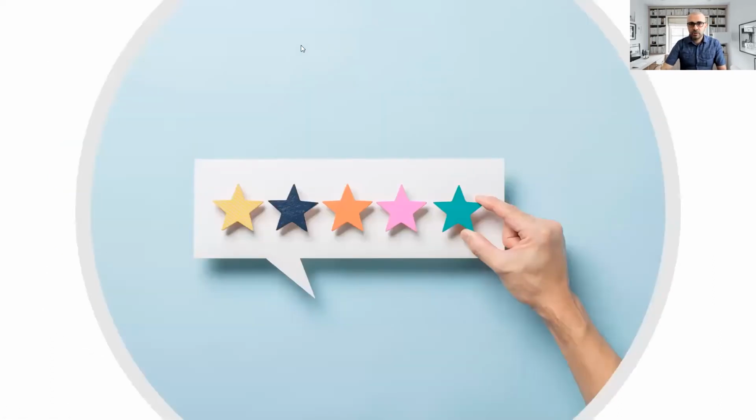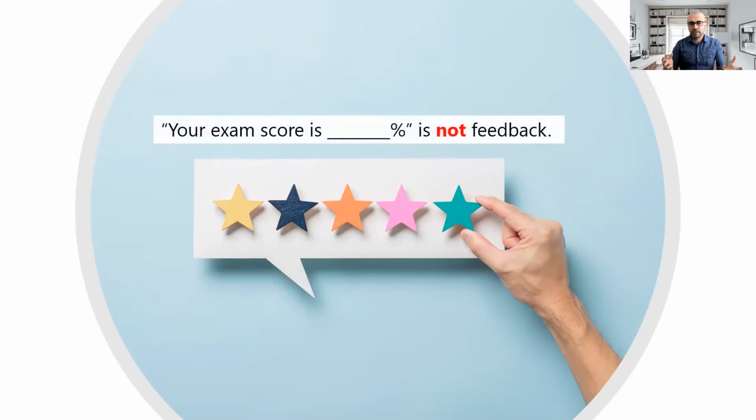When it comes to giving feedback from an online assessment, you may think that there are not many options. Basically, you'll just calculate the total scores and then report them. You may say, hey, your exam score is blah, blah percent, but it is not necessarily feedback.